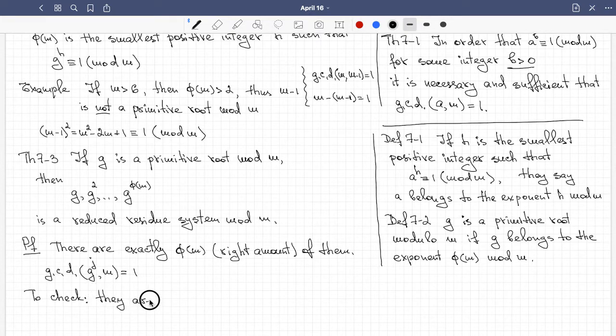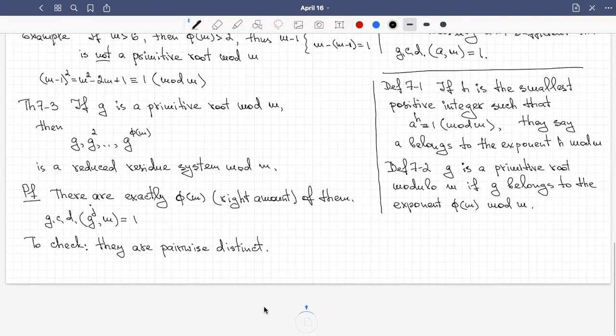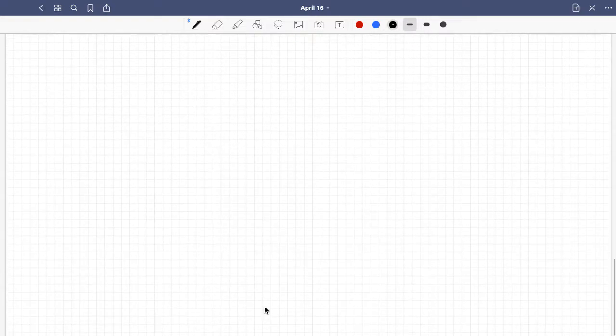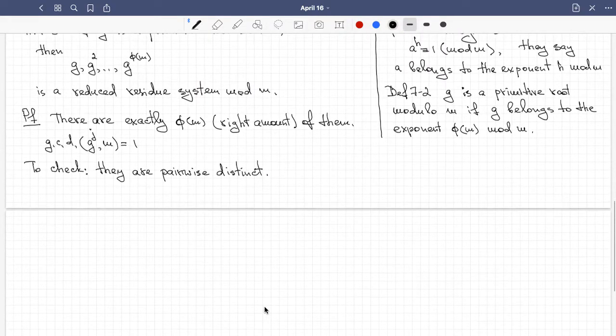They are pairwise distinct. Well, indeed, we assume otherwise, for the sake of contradiction.